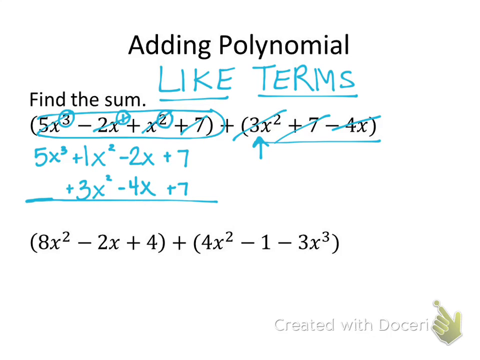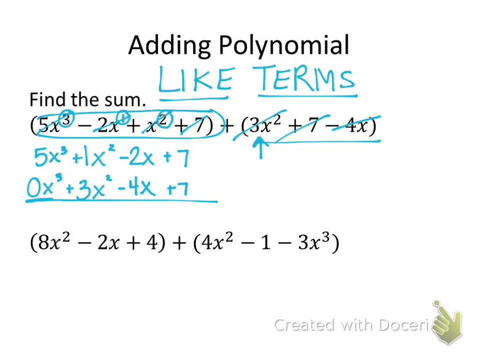So I like to put a placeholder there. That placeholder is I just put a 0 and I just write the like term. Okay? That just tells me that 5x to the third power doesn't go away. It doesn't get canceled out. I'm going to still add it, but the term underneath it is a 0.